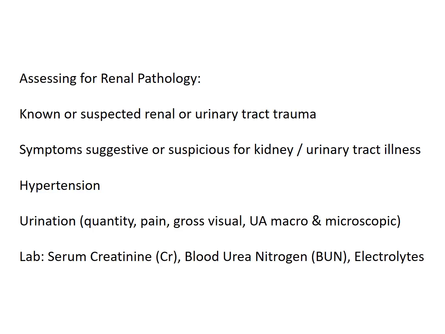So how do we decide that somebody has renal pathology? Well, if they've had trauma to the region where the kidneys are, we have to be worried about it. If we have symptoms which are suspicious of urinary tract infection, we have to be suspicious of it. If we have an individual with long-standing hypertension, we need to be suspicious of renal pathology.